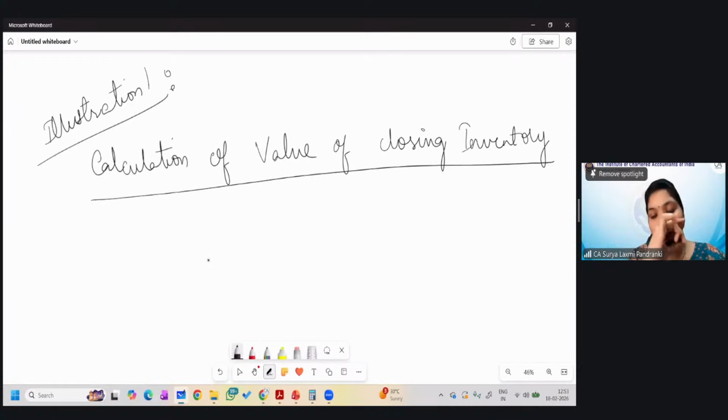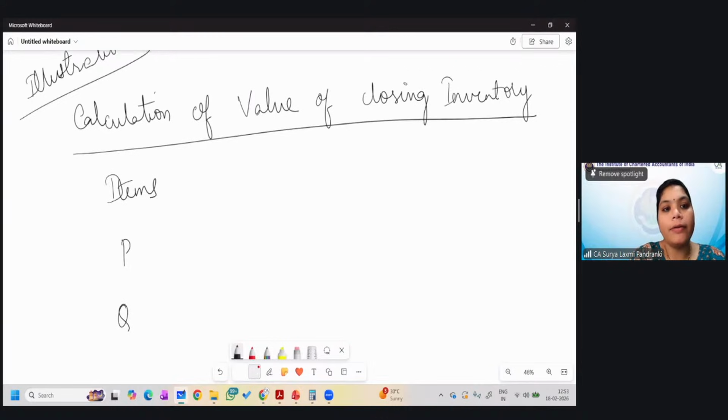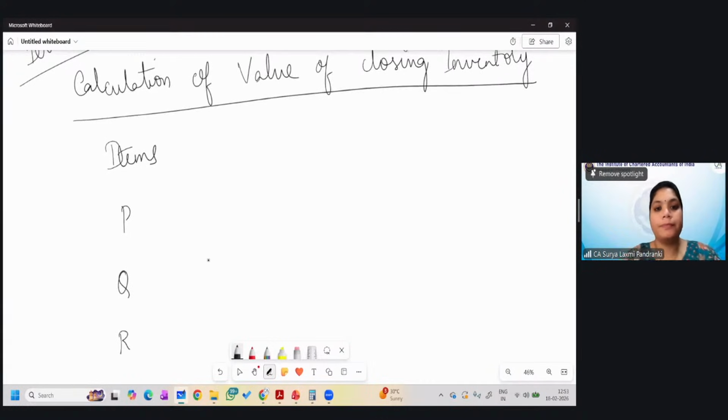So we're trying to calculate the value of closing inventory. What are the products that we have? Let's go back to the question. We have 3, P, Q, and R. And what is the historical cost? This is rupees in lakhs.